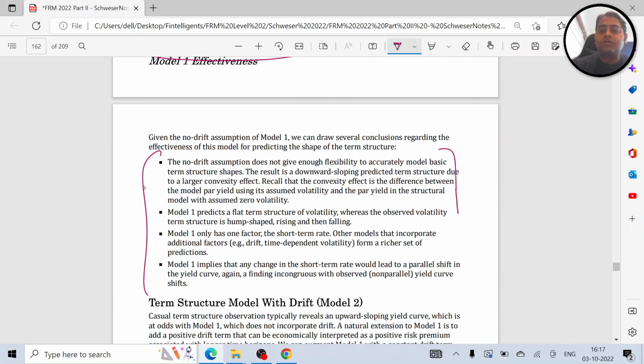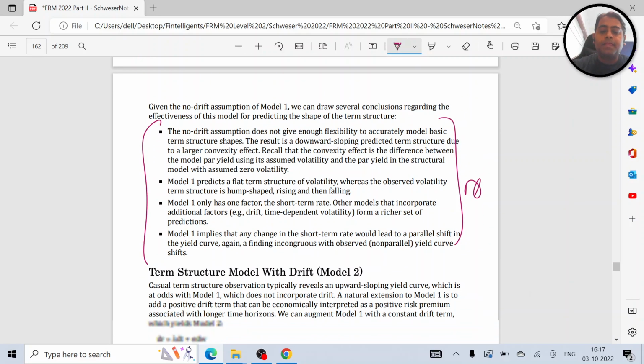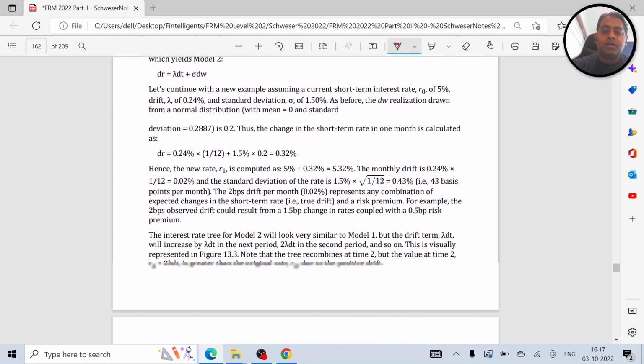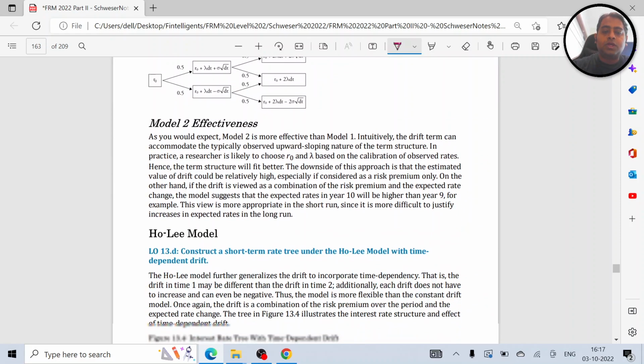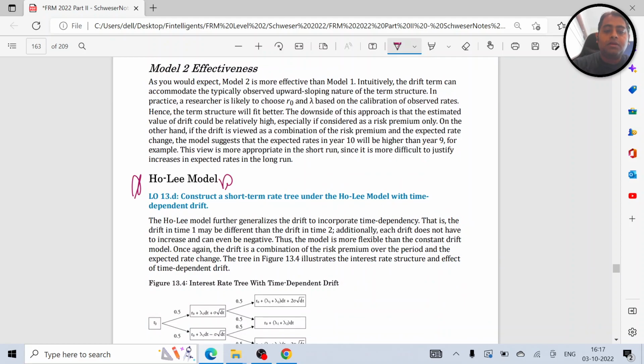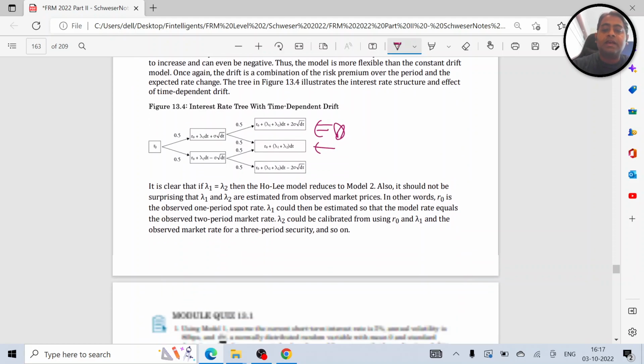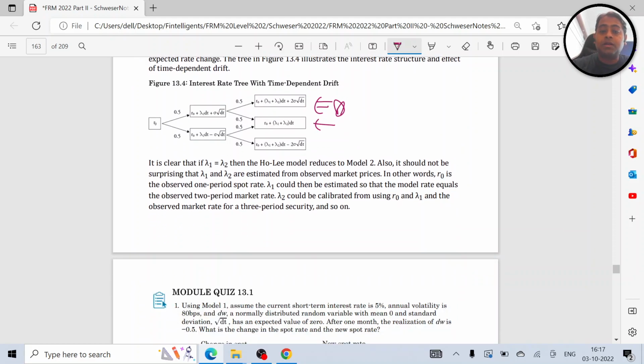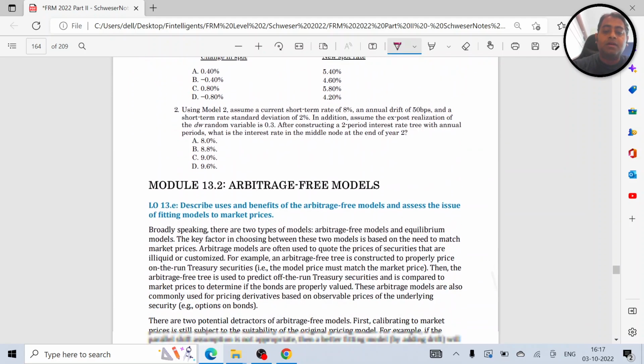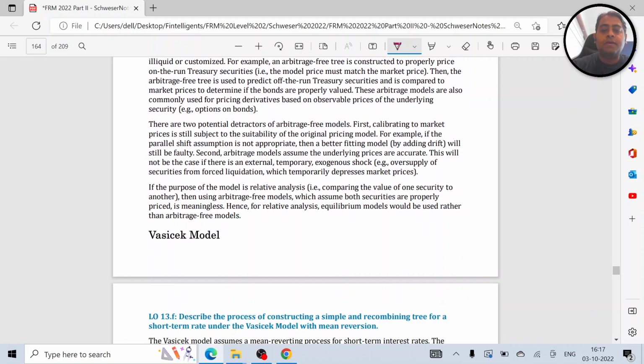Effectiveness of model. For this, you'll have to look at the diagram from the Gurbook. Drift part is okay. Ho-Lee model, double star. Okay. This calculation or this tree is very, very important. They have been asking this question, the calculation part, how it is connected to model 2 is also being tested. Mark it as star. Arbitrage free model is okay.